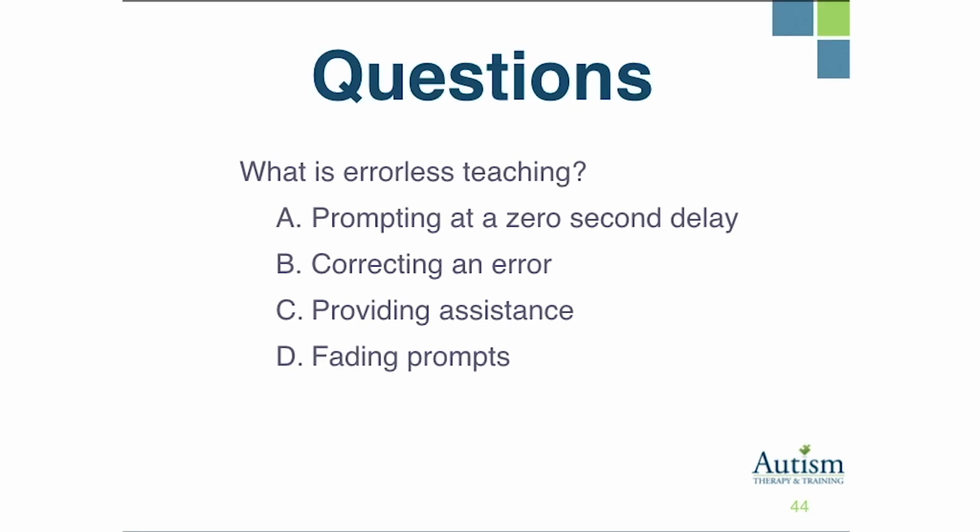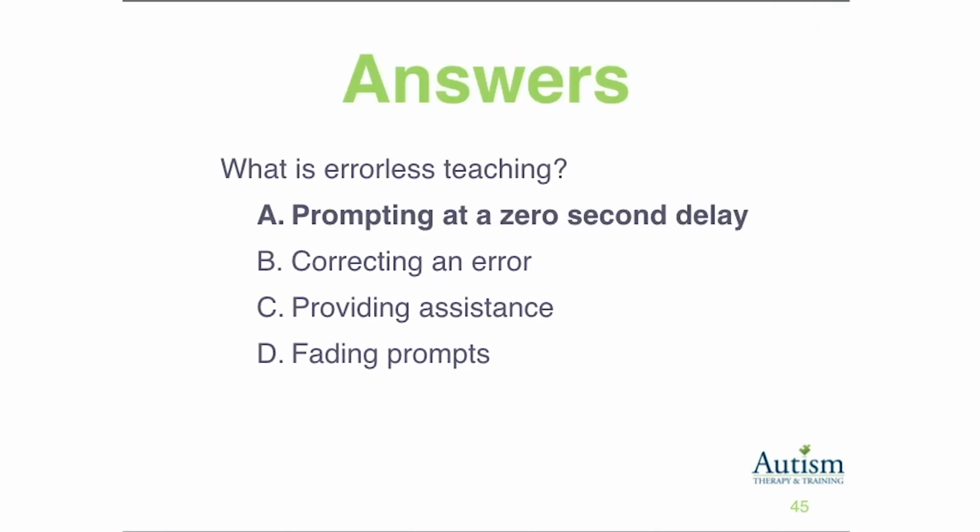What is errorless teaching? A, prompting at a 0-second delay. B, correcting an error. C, providing assistance. Or D, fading prompts. And the correct response is A, prompting at a 0-second delay.